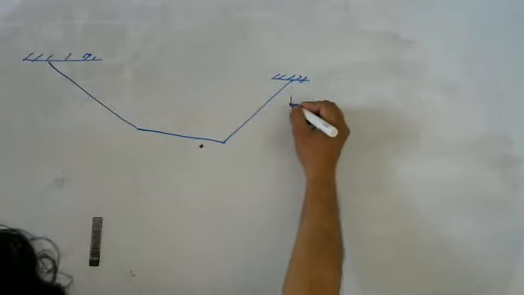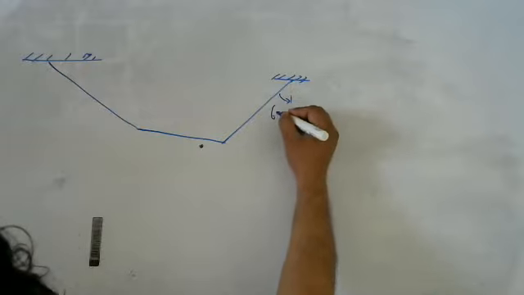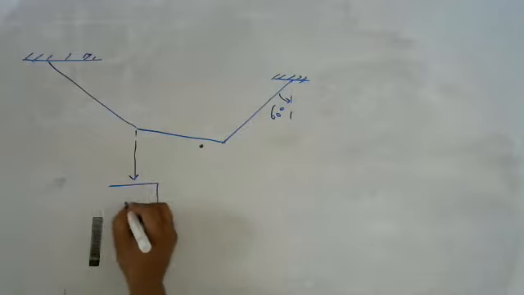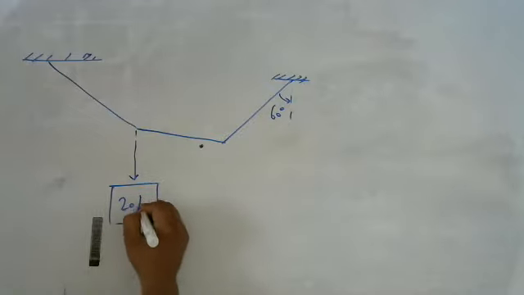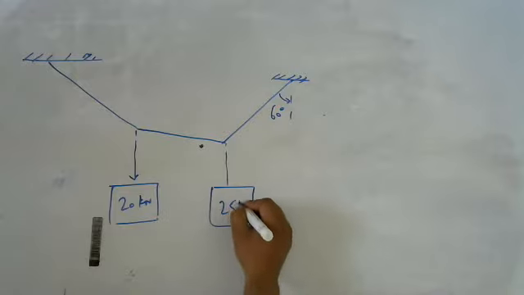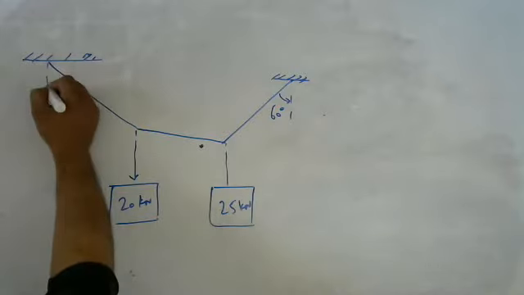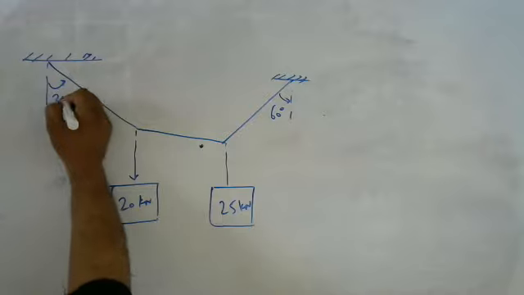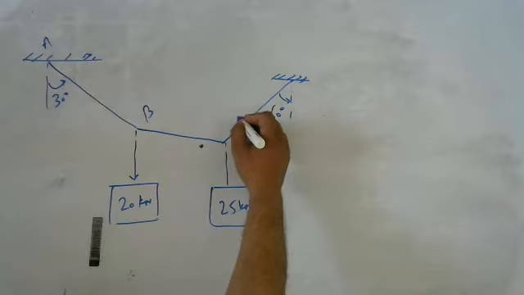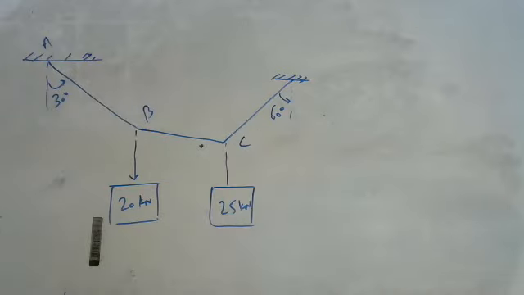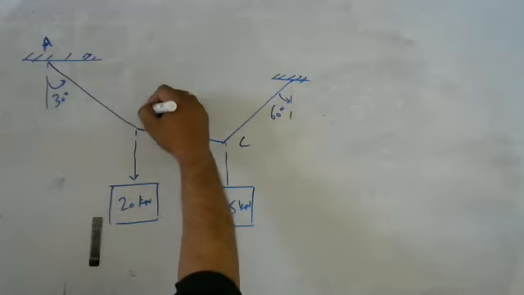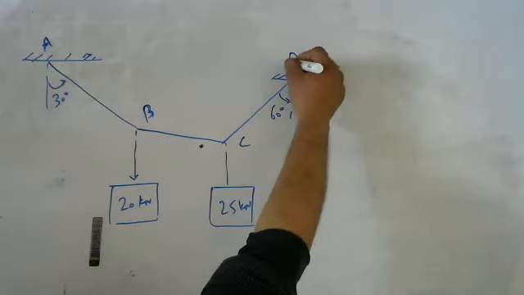The orientation of this cable is 60 degree from vertical, and at this joint a load of 20 kilonewton is hanging. At this joint a load of 25 kilonewton is hanging, and the orientation of this is 30 degree. These are the points A, B, C, and this is D.